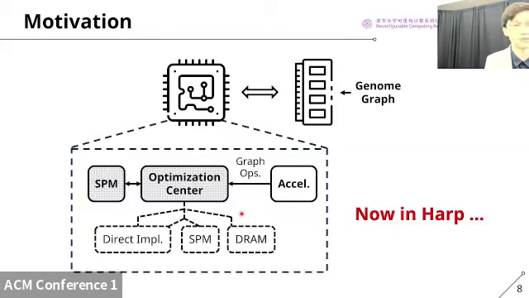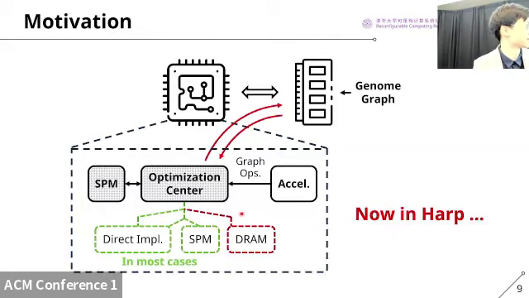Whenever there's a graph operation, the accelerator tells the optimization center, and the optimization center will decide whether it's a quasi-sequential or fully sequential request, and it will become on-chip accesses and on-chip calculations. But for rare cases where the graph is so complex, it will go back to the DRAM to access the original genome graph. So this is our motivation and our guiding idea.